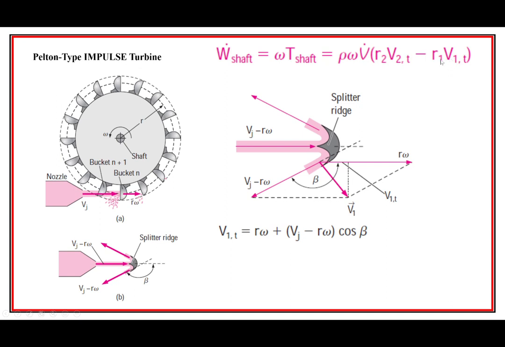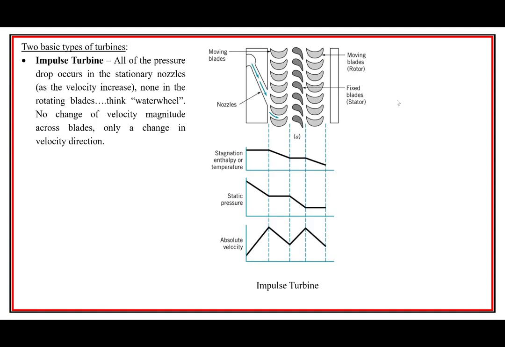So the inlet is number 1 in this case. Is that true? I think the outlet should be number 1. What do we say up here?